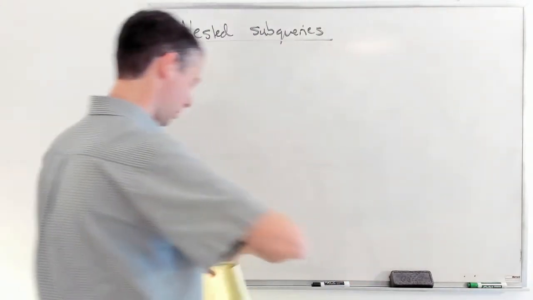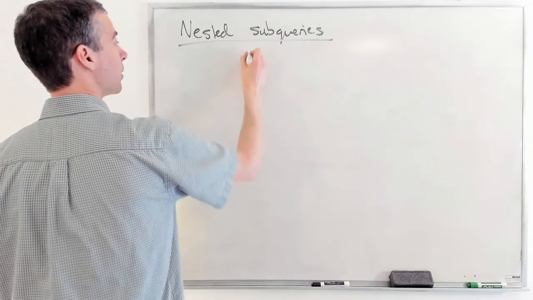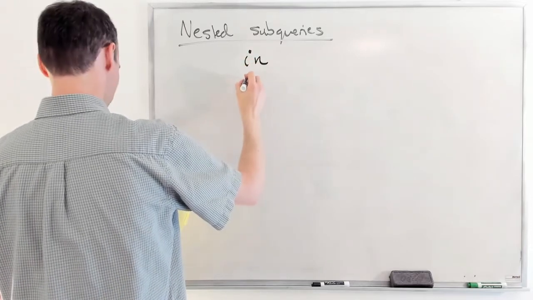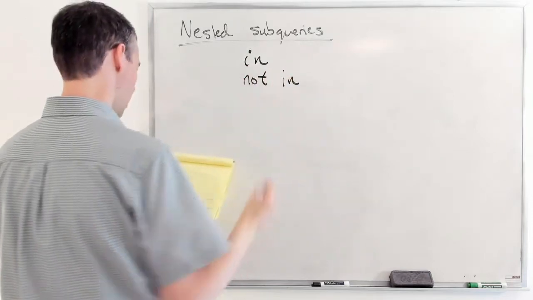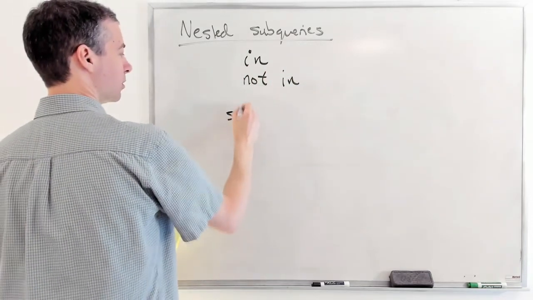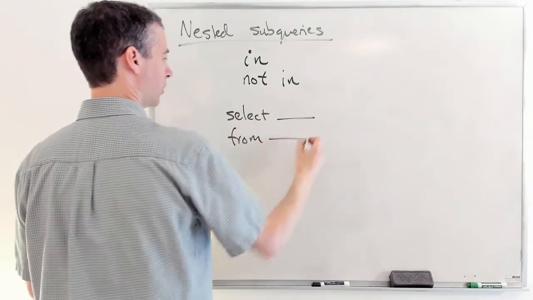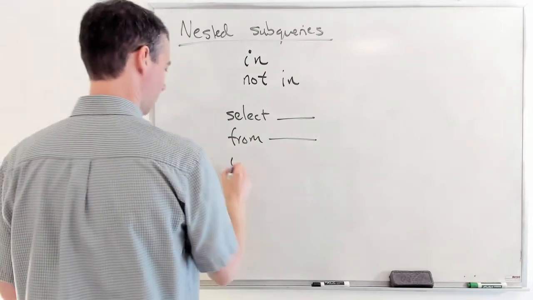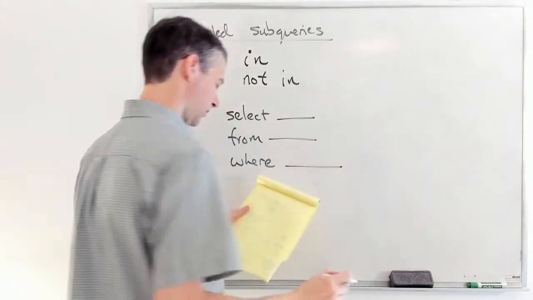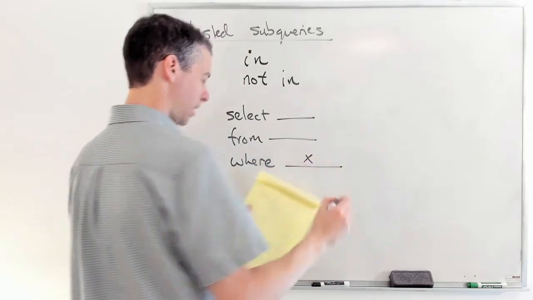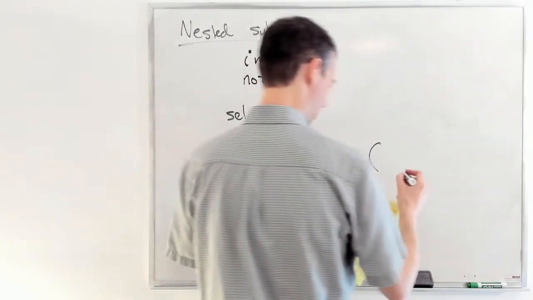And sometimes it can just be such a nice way to solve problems. And with these, one of the first ways we use nested subqueries is with the statements IN and NOT IN. An example here is, again, our SELECT with our projection from whatever tables we have, where we're going to have something, we'll just say X at the moment, IN, and then we are going to put another SELECT statement, a subquery, here.